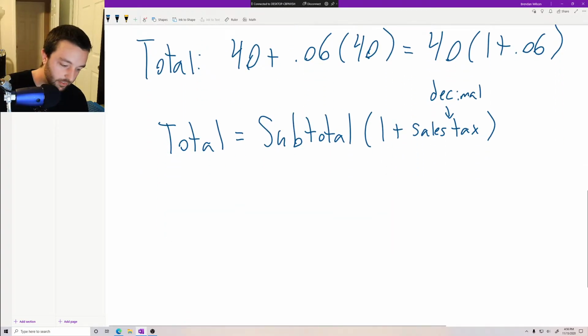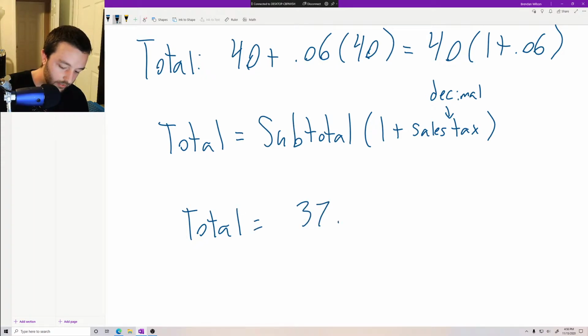So if our subtotal, let's say, is like 37.29, right? It's not usually an even dollar amount, so it'd usually be something like this, maybe 37.29. Then the sales tax is 6%. This is 1 plus 0.06.